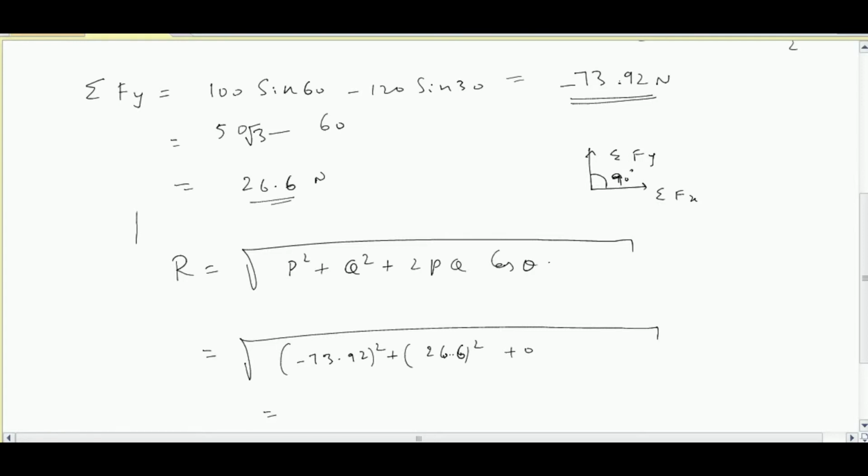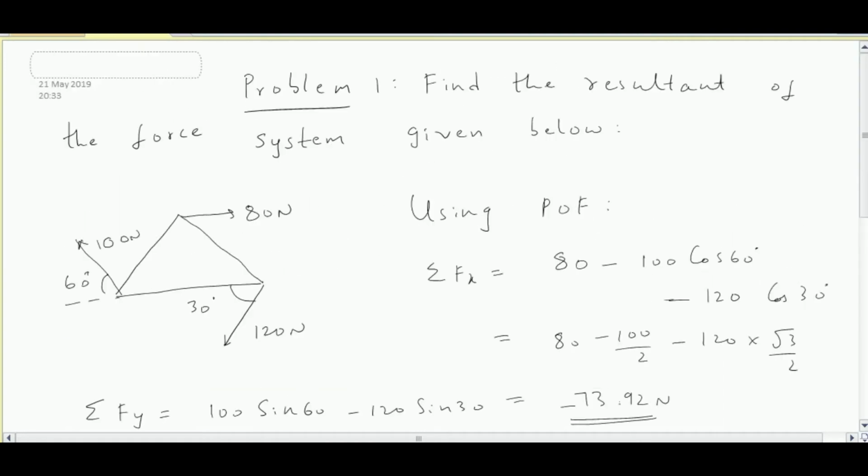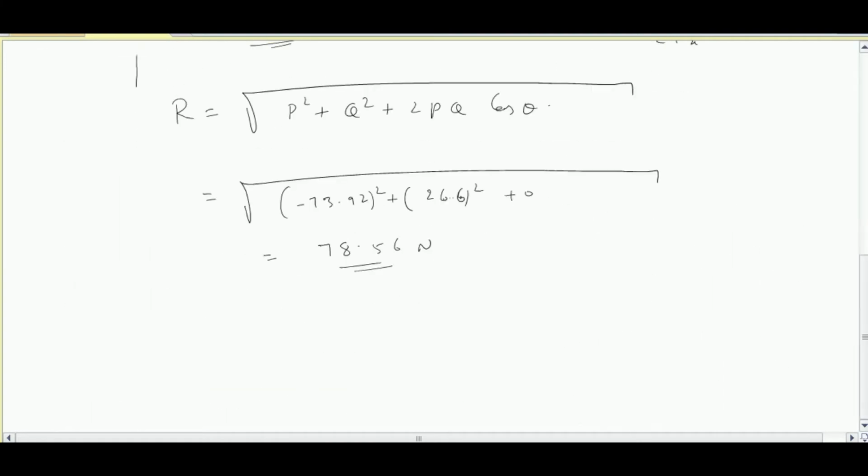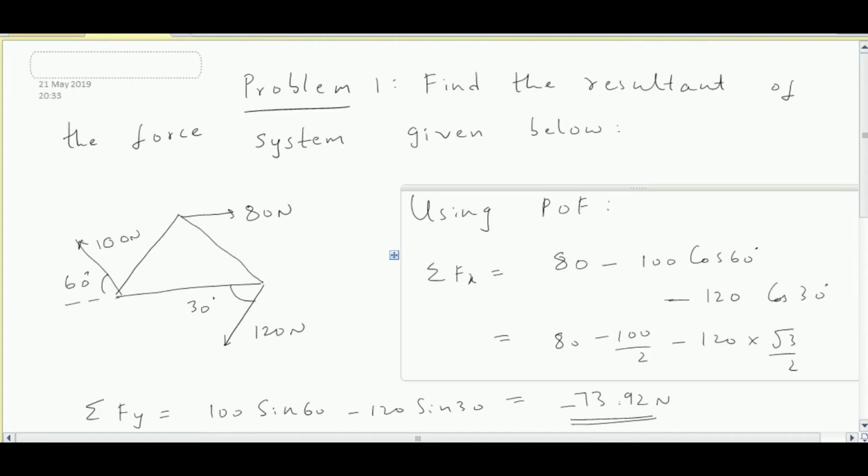Here, sigma Fx and sigma Fy are exactly in x and y directions, so theta should be 90. So cos 90 is equal to 0. Therefore the resultant is root of P square plus Q square, that is 78.56 Newtons. Hence in this problem we used the method of projections and the parallelogram law.